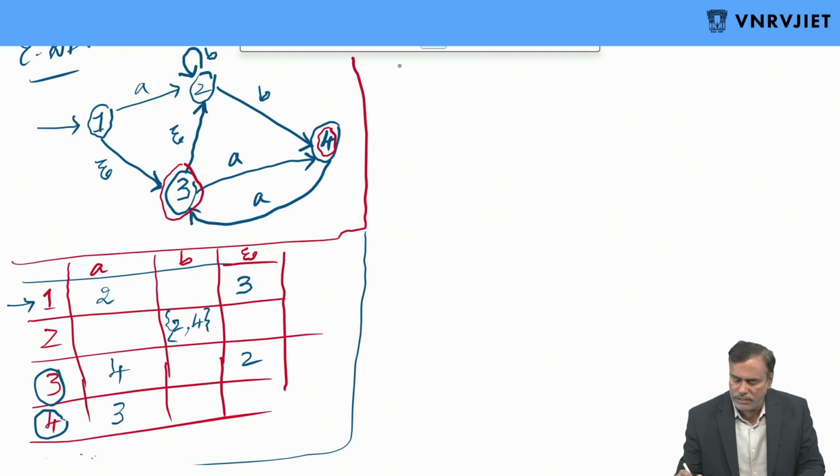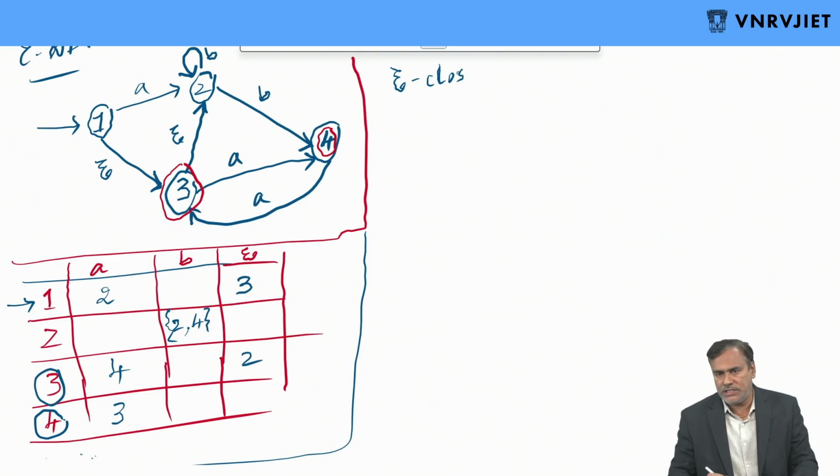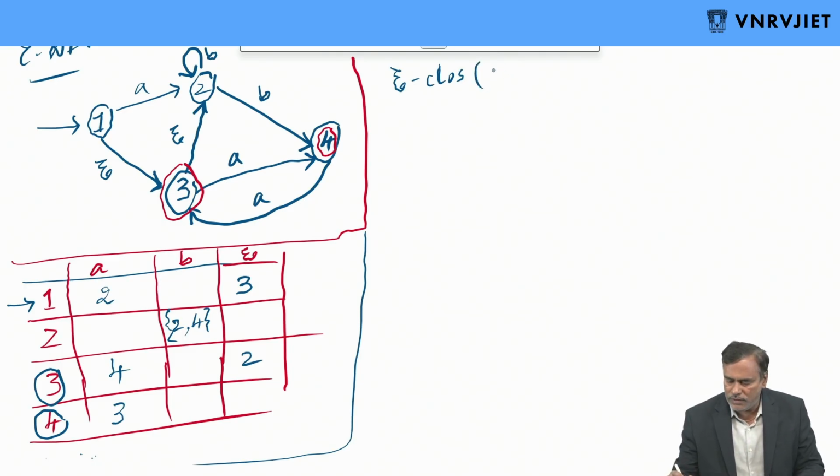Epsilon closure of 1. I am going to write CLOS, which stands for closure. Epsilon closure of 1. In a similar fashion, I have to find epsilon closure of 2, epsilon closure of 3, and epsilon closure of 4.